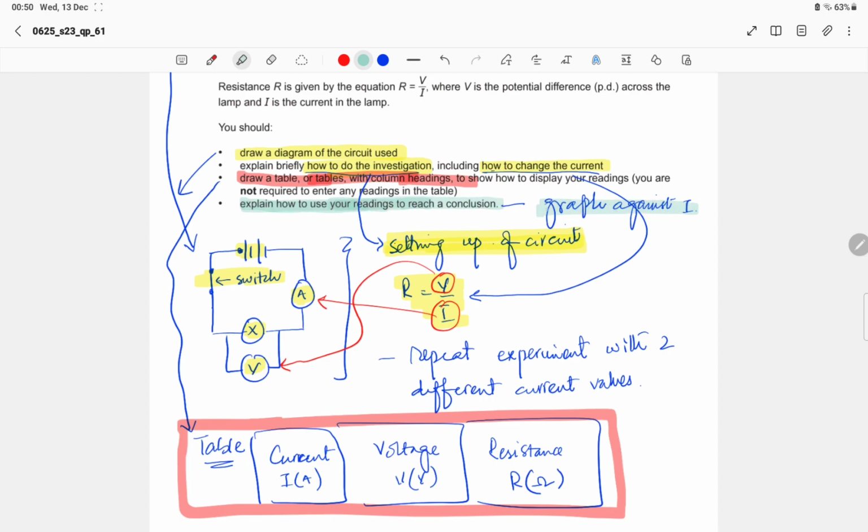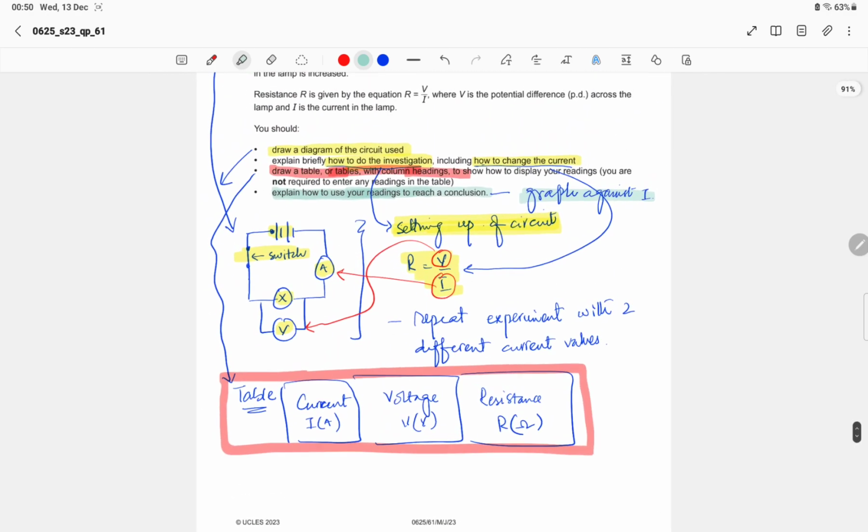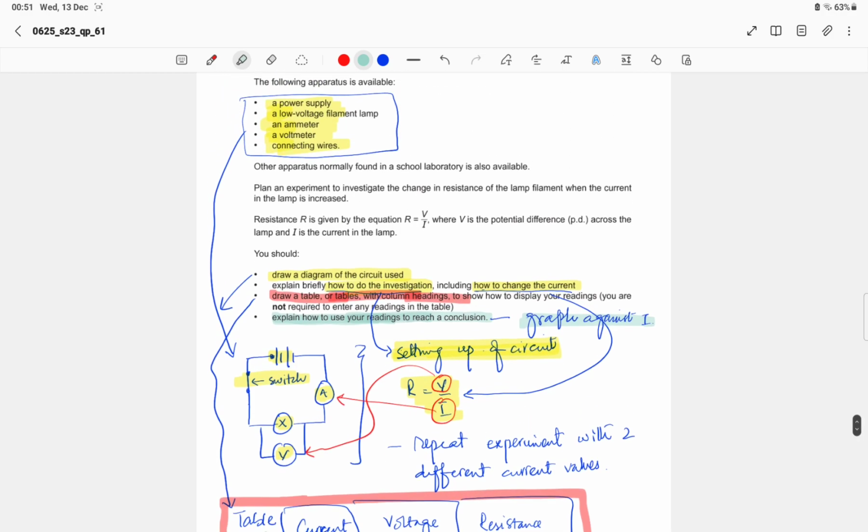So you are going to make a graph of resistance against voltage and current, or you can draw a graph between resistance and current to find your desired requirements. Remember that you need to repeat this experiment with different current values so that you can easily find the answer. So I hope this is well explained, so you can write it down in the paragraph. And thank you very much.